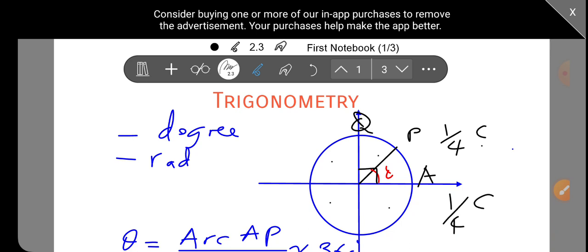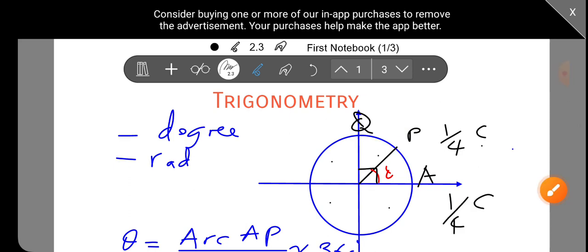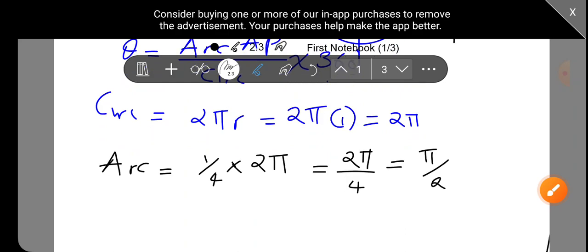What I've done is I've shifted, whereby it's no longer here, but I've added it so that it is the whole of this. This is just 1/4 of the whole circle. So the arc length is the same as 1/4 of the circumference. That's why I have here 1/4 of the circumference is equal to 2 pi over 4, and is equal to pi by 2. That's just arc length.